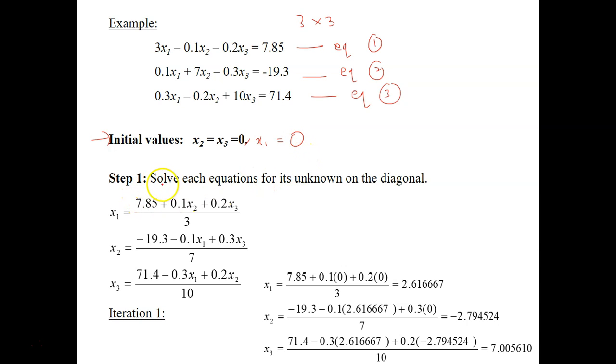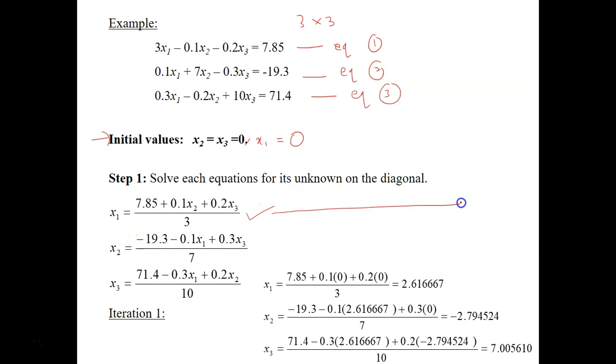So for the first step, solve each equation for its unknown on the diagonal. So let's solve for x1 first using the formula that I showed you just now. Or if you cannot remember the formula, you can just rearrange this first linear equation by leaving x1 only at the left-hand side and moving the rest of the other elements to the other side of the equation.